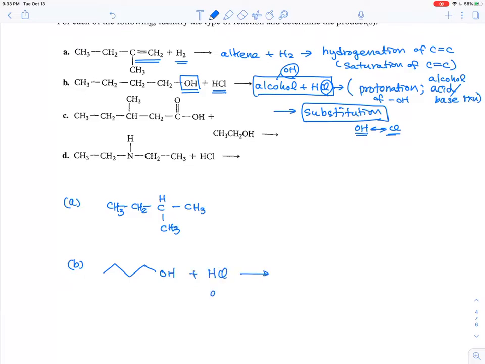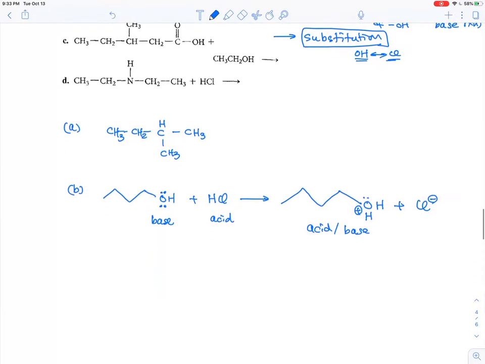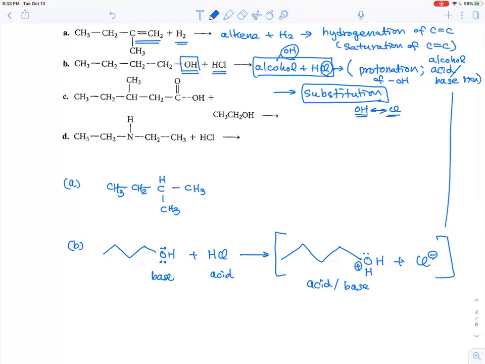And because this is an acid, and that's a base which has lone pairs, what's going to happen is 1, 2, 3, 4, and they will have a protonation with developing the charge here, and then chlorine minus. Okay, so this is an acid base reaction.